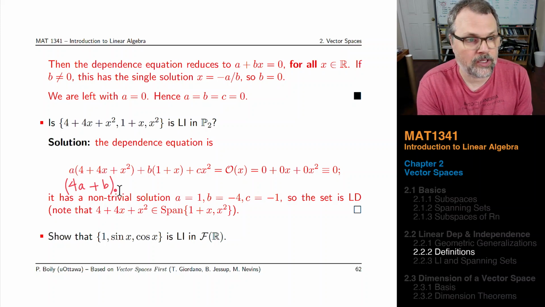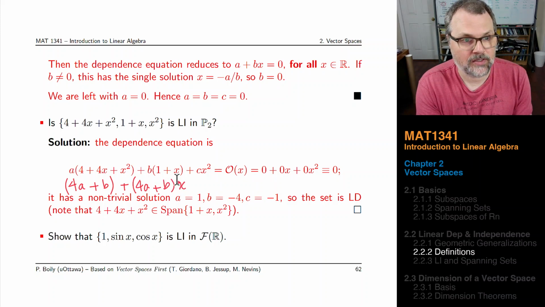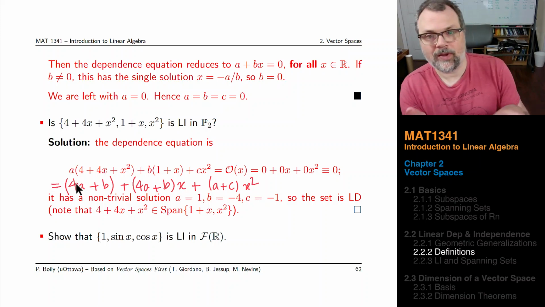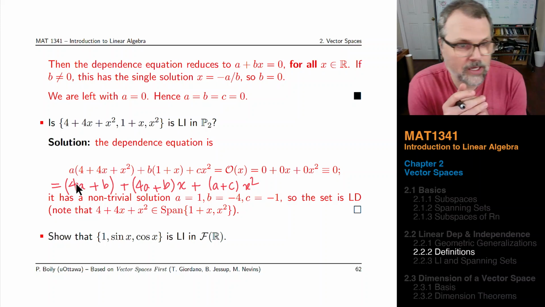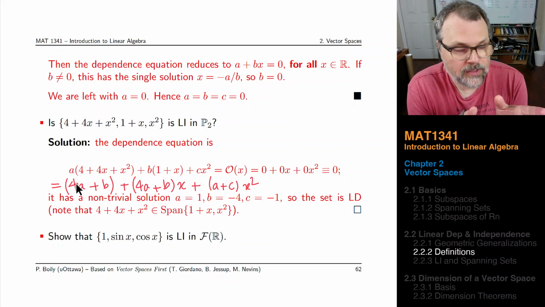I have 4a again plus b, times x. And finally, I do the quadratic terms, a plus c, times x squared. What I've done here is I've just rearranged the terms to put all the constant terms together, all of the linear terms together, all the quadratic terms together.